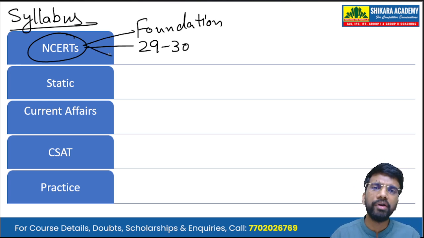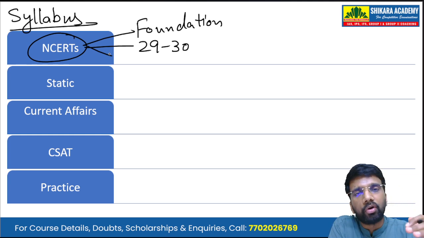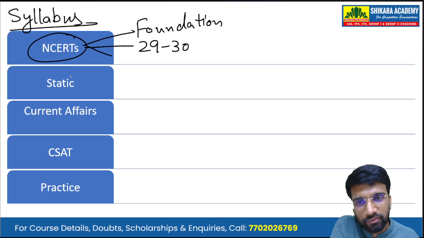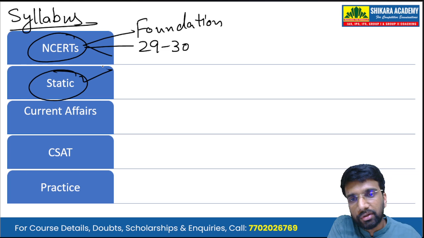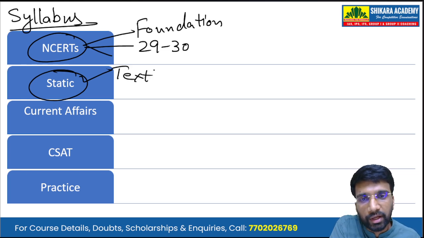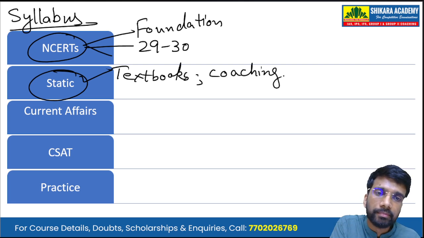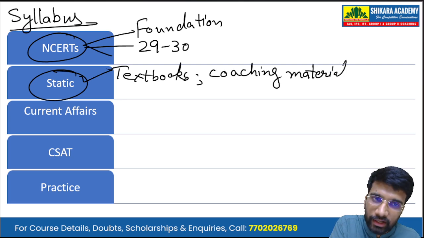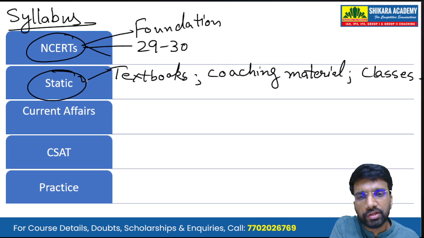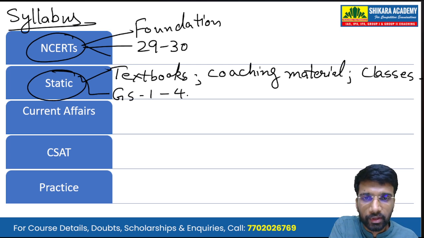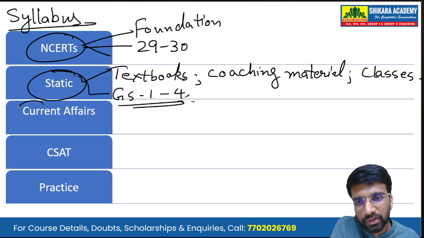Now, once a candidate is done with reading NCERTs, then on the foundation of those NCERTs, he or she has to cover the GS syllabus, the static syllabus, from the prescribed textbooks, from the coaching material, from different classes, etc. For all the GS papers 1 to 4, the static portion is really important, along with current affairs.